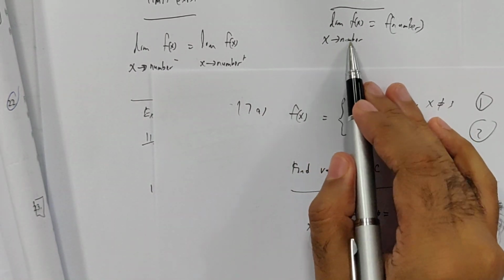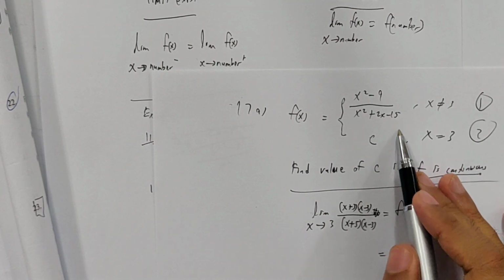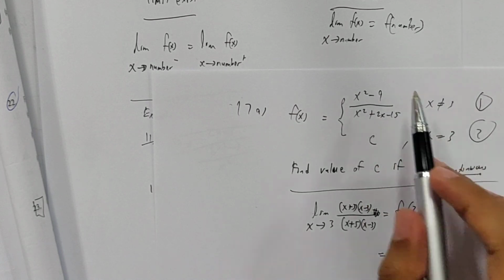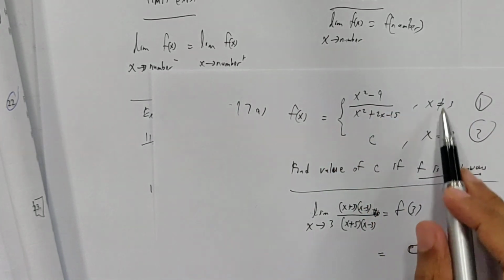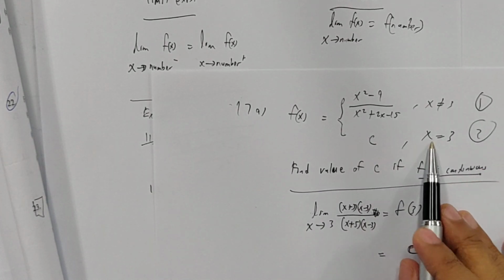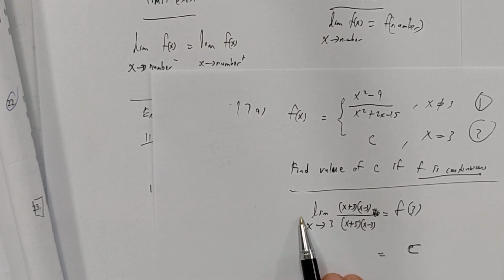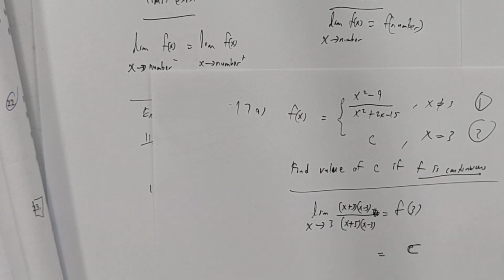So limit x approaching 3. Which one should I take, first or second? Take the first one. Okay, I'm not following the order. Normally we do f(number) first. f(number), which one is equal? The second one, c. So f(3) is c. And then for the limit x approaching, I choose the first one. Because they are connected. If not here, then there. That's all.